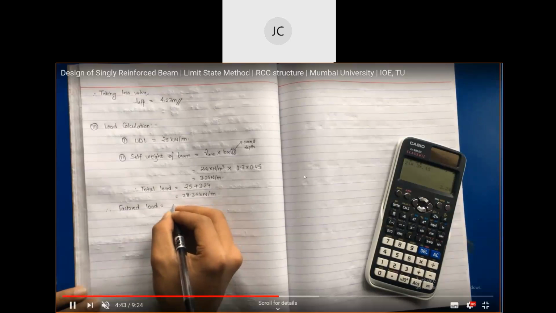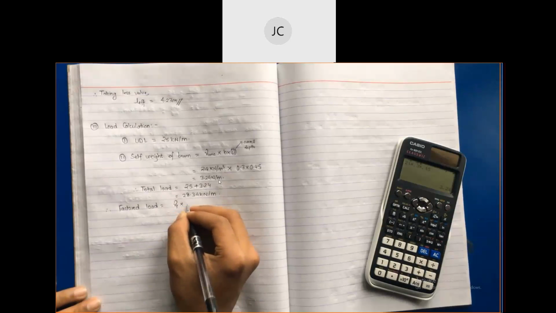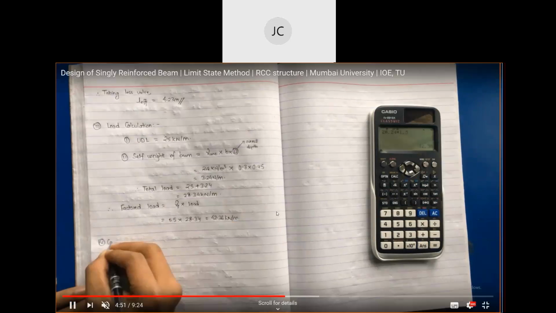We have assumed this as 25, but in this video they are taking it as 24. According to IS, it is 25.